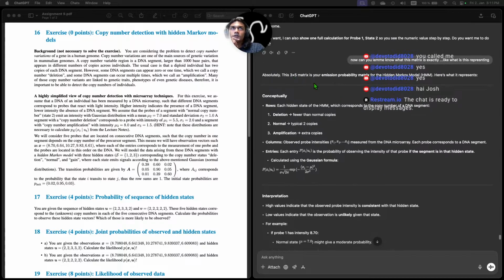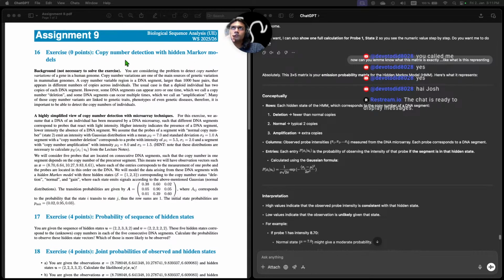Absolutely. This is a 3 by 5 matrix. This is your emission probability matrix for the hidden Markov model. Transition probability, emission probability.